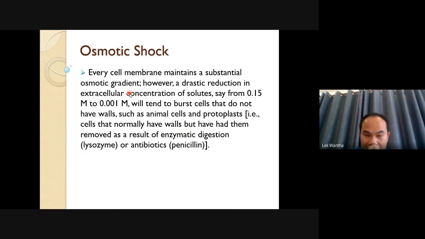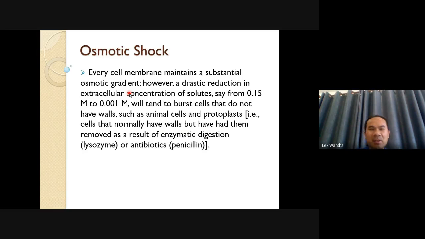For this case, we talk about the salt solution inside the cell and the salt solution outside the cell. Mostly the salt concentration outside the cell is lower compared to inside the cell, because outside the cell is mostly water.